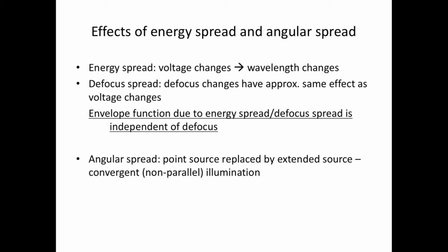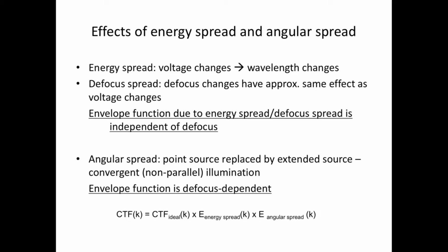This is reflected by an envelope function, which looks very complicated and is defocus dependent. So in the end, we have the ideal CTF times the envelope function representing energy spread or defocus spread, times the envelope function representing angular spread.